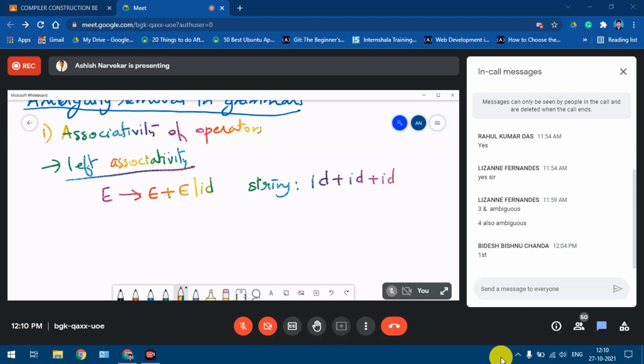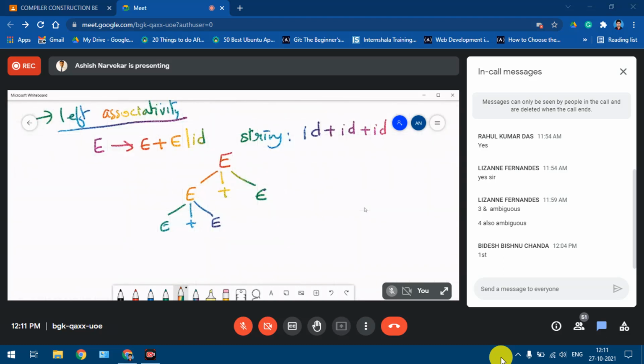Now if I try to draw a parse tree for this, I can get this, correct?